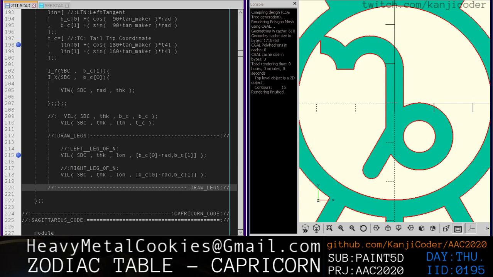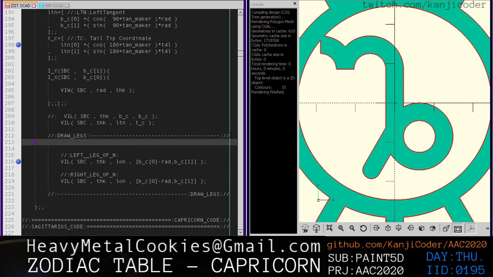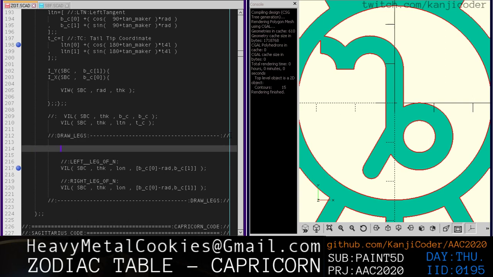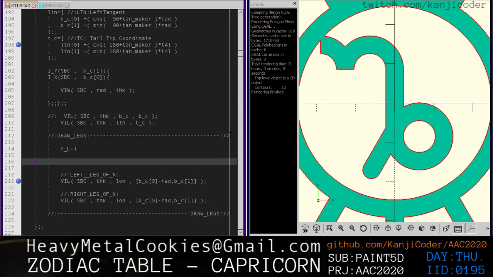So this is going to be the n left leg. The points for that are going to be these things right here, like all this.